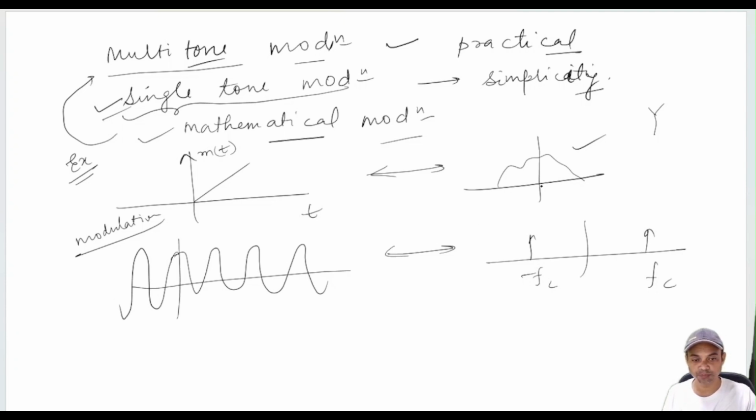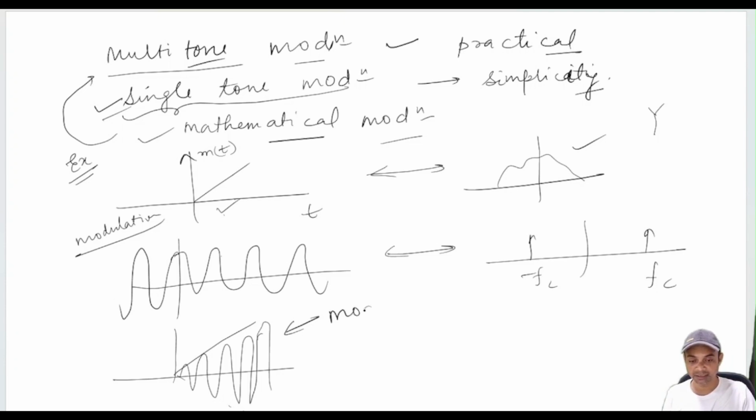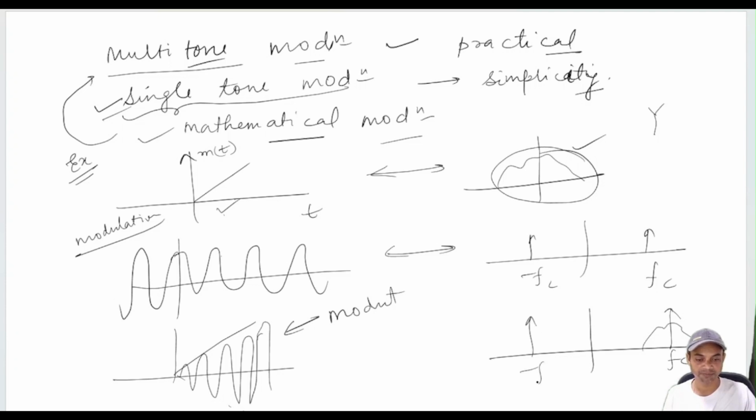If we superimpose this message signal onto this one, then our modulated signal is like that. It means we are transmitting this message signal at fc and minus fc.